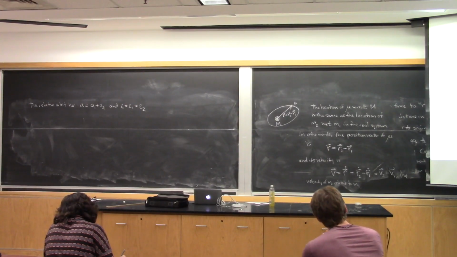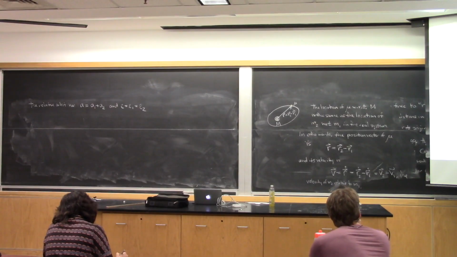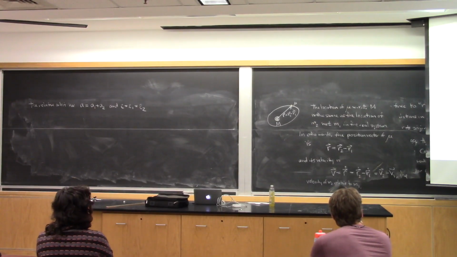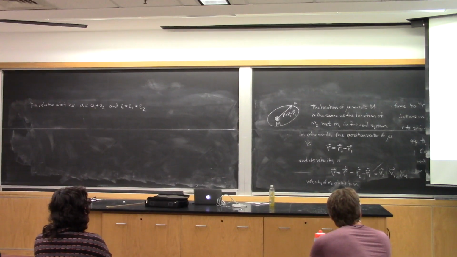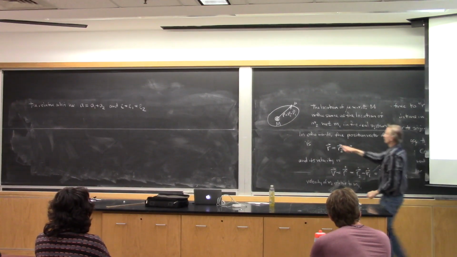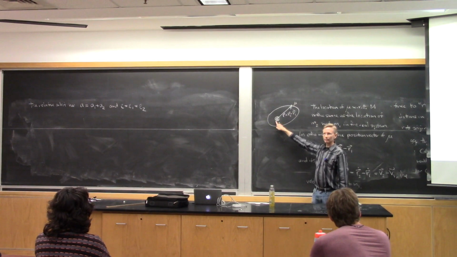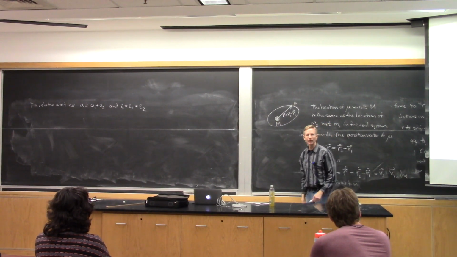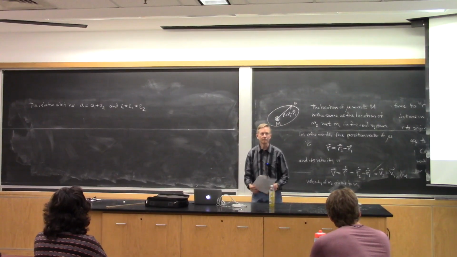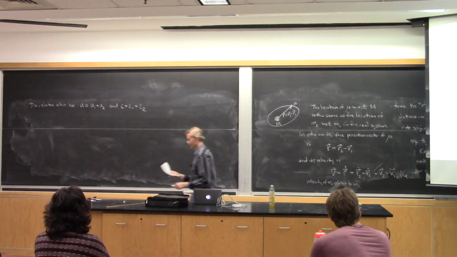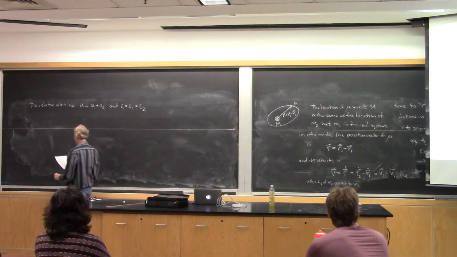Imagine you're riding along on M1 and tracing out where M2 is relative to you at all times. You put yourself at the origin, trace out where M2 is relative to you at all times. You will have traced out the orbit of mu relative to capital M in the equivalent one-body problem. That's the idea here. Okay?